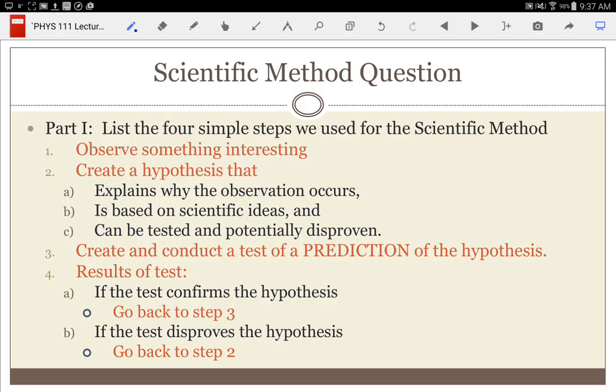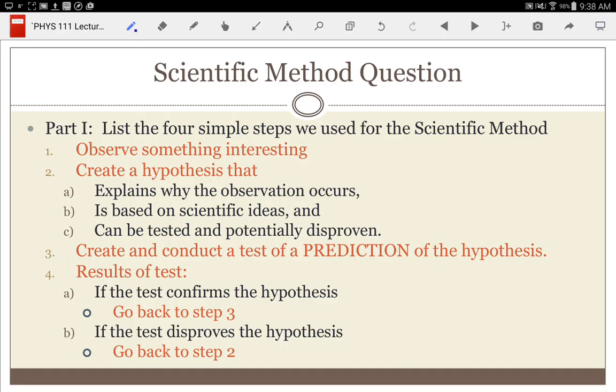Why would that not be the test of his hypothesis? Well, recording data is good, but that was just the observation, right? Doing the observation is not going to be testing the hypothesis to explain why the observation occurred. That's just coming back and saying, yeah, I did observe it. It's just confirming your observation.